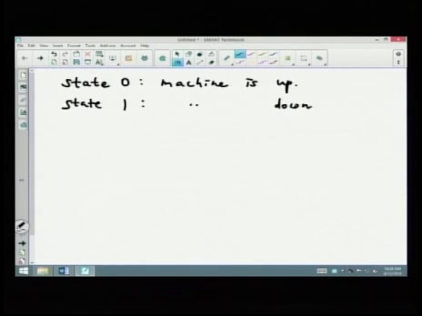But the machine being down can be due to two different reasons, type 1 failure or type 2 failure. So I'm going to have another state, state 2. State 2 also represents that the machine is down.